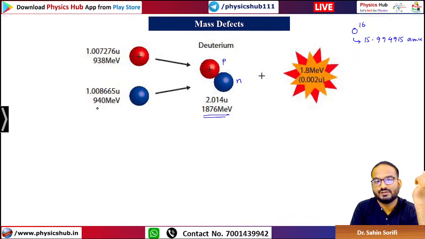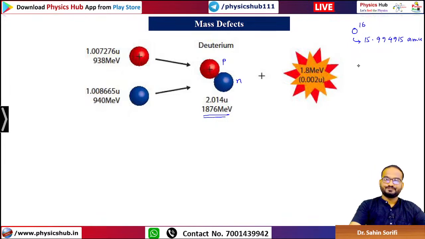If you add 938 and 940, it is 1878. So around 1.8 MeV is extra. That 1.8 MeV is like heat or energy. So this difference is the mass defect.